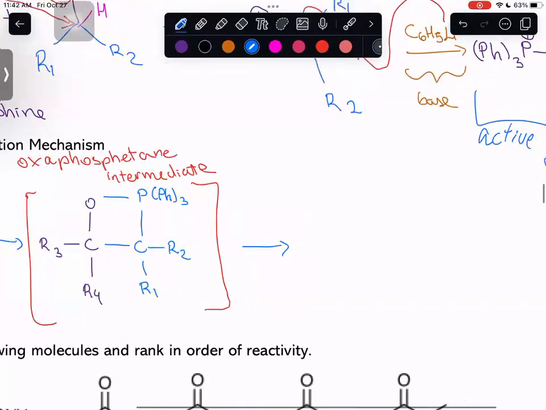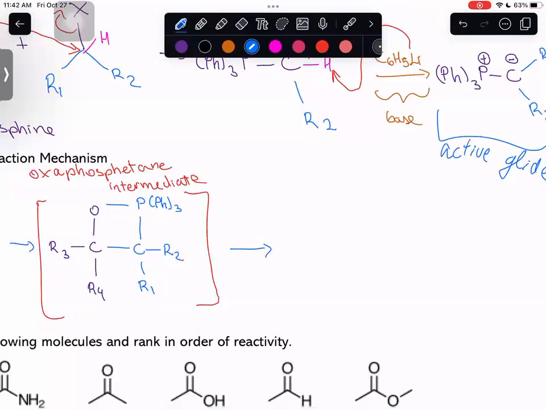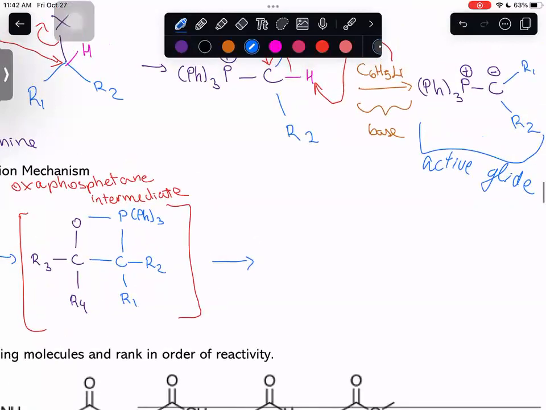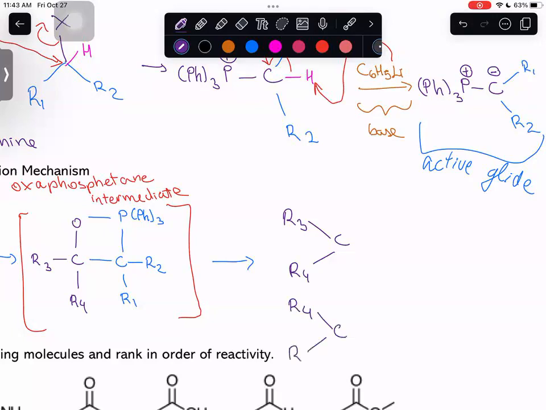Okay, so now at this point, we're going to be creating both forms. So we have R3. Wouldn't it be like 4 forms of this then? Like the R3 and 4 switch and then R1 and 2 can switch? I mean, yeah, you're correct on that one. But usually he just likes to focus on 2. He doesn't really show the 4 possible ones.